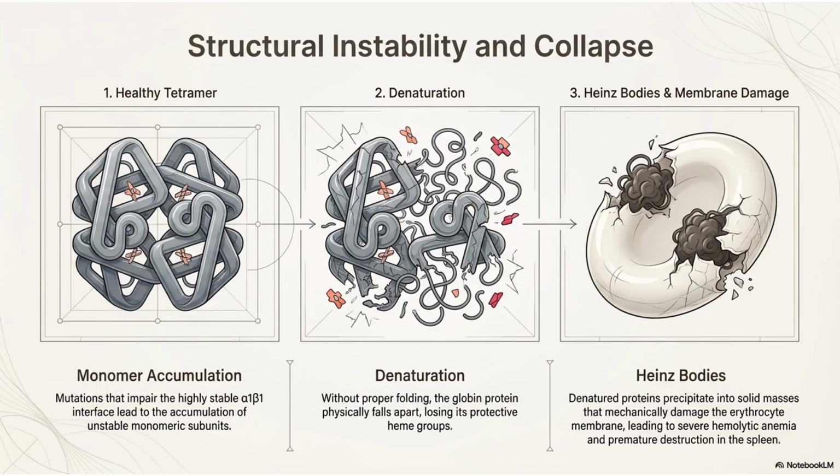Patients with unstable hemoglobins often present with chronic hemolytic anemia, jaundice, splenomegaly, and elevated reticulocyte counts because the bone marrow is constantly trying to replace prematurely destroyed red blood cells. All right, next we'll examine another hemoglobin abnormality, not one caused by genetics, but by chemistry.